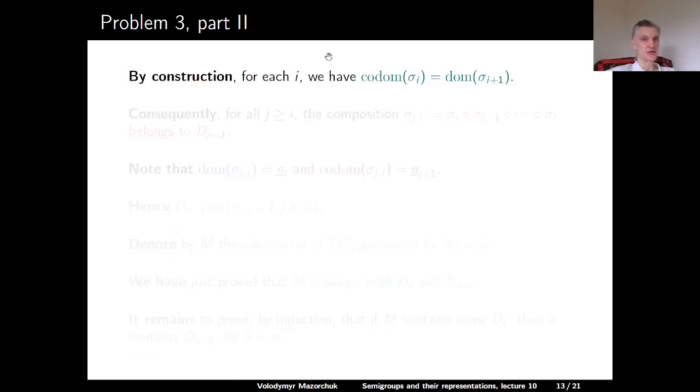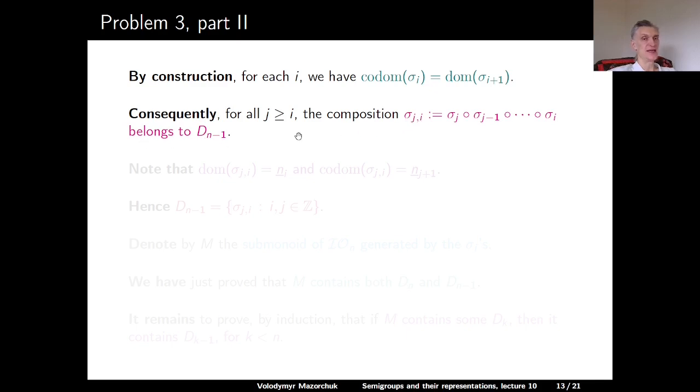Now, by construction, for each i, the codomain of sigma_i is equal to the domain of sigma_{i+1}. Consequently, for all j greater than or equal to i, the composition of sigma_j after sigma_{j-1} after and so on after sigma_i, we will denote it by sigma_{j,i}.